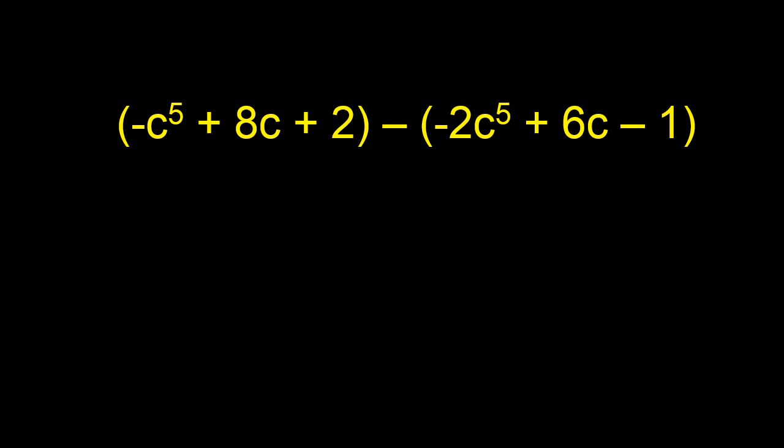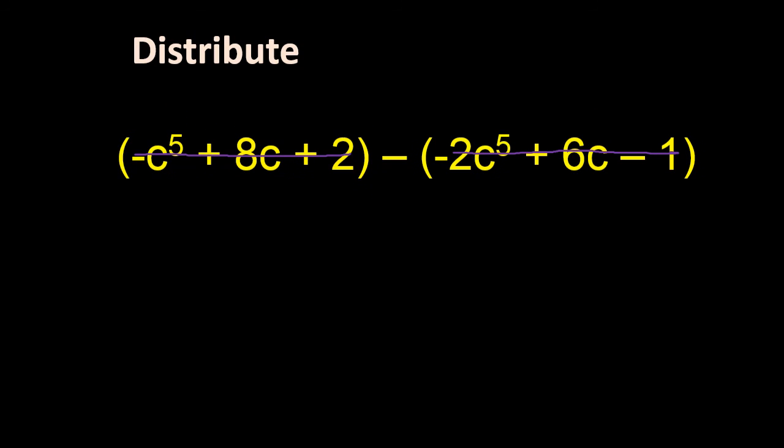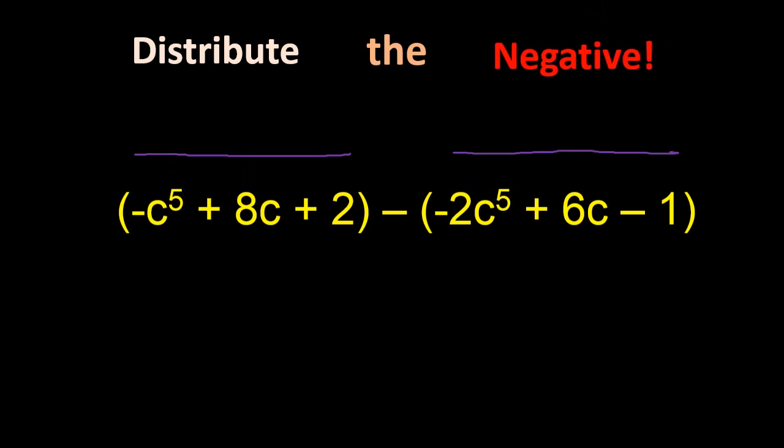Now let's take a look at another example where we have to subtract polynomials this time. We have negative c to the 5th plus 8c plus 2, and negative 2c to the 5th plus 6c minus 1. To be able to subtract these two polynomials, we need to distribute the negative. That means that we're going to have to change the subtraction sign into an addition sign.